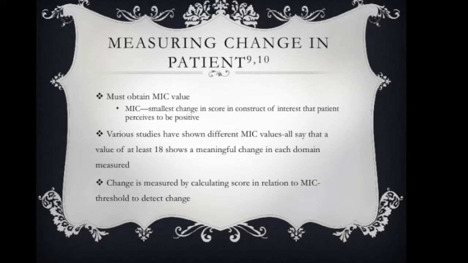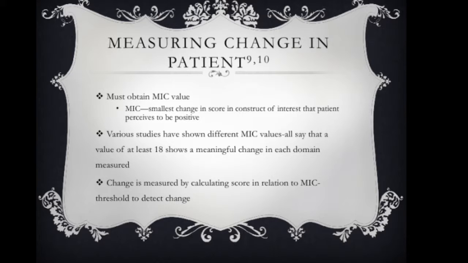When we look at measuring the change in the patient, first you must obtain the MIC value, which we looked at on the other slide. The minimally important change for function was 27.6, and one research found pain 21.7 and social psychological 24.0.